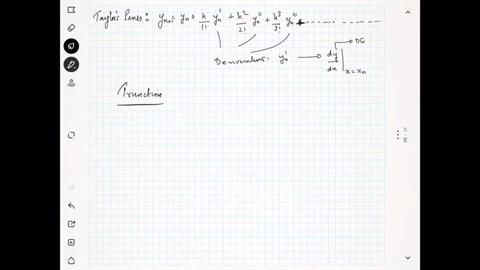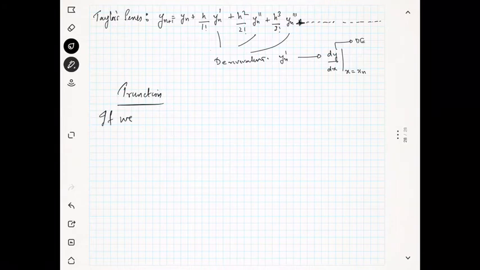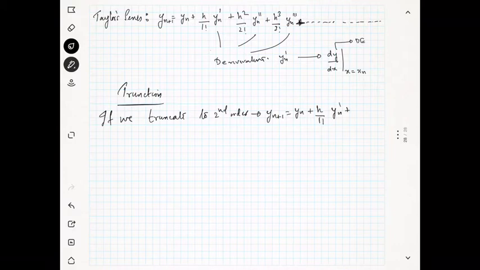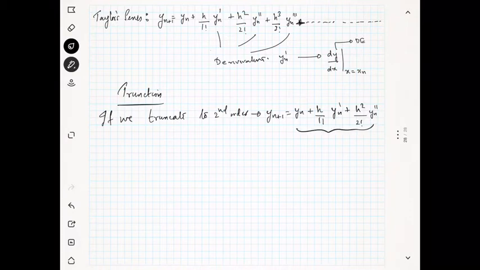Suppose we truncate to second order, then yn plus 1 is equal to yn plus h by 1 factorial into yn dash plus h square by 2 factorial into yn double dash, and we will not use the remaining terms. That is known as truncation.